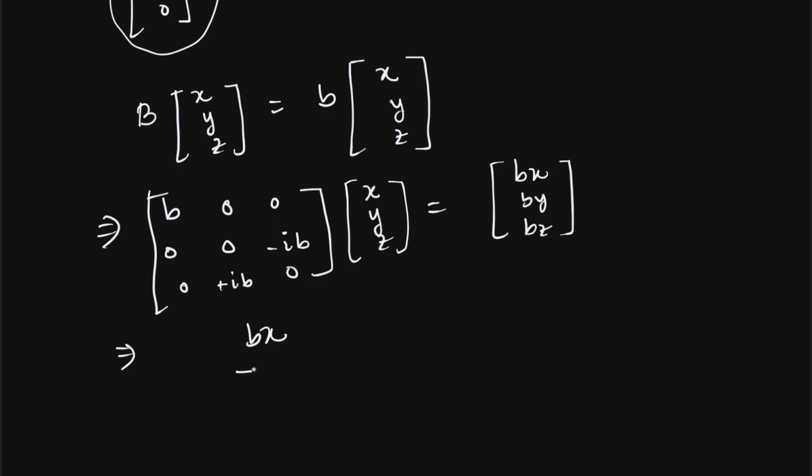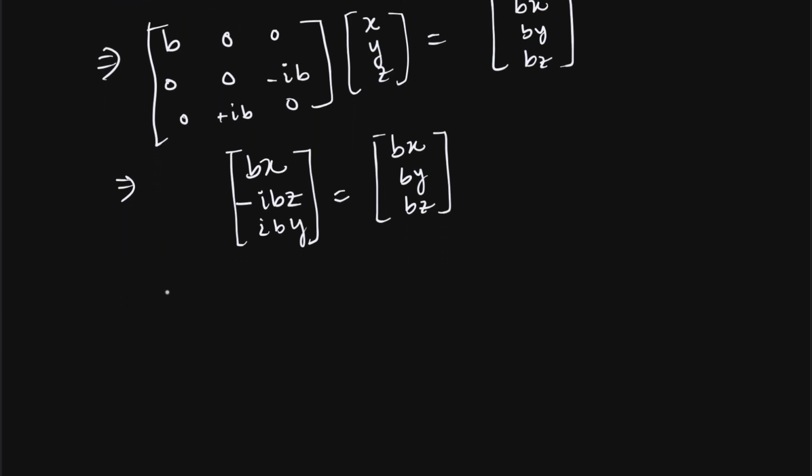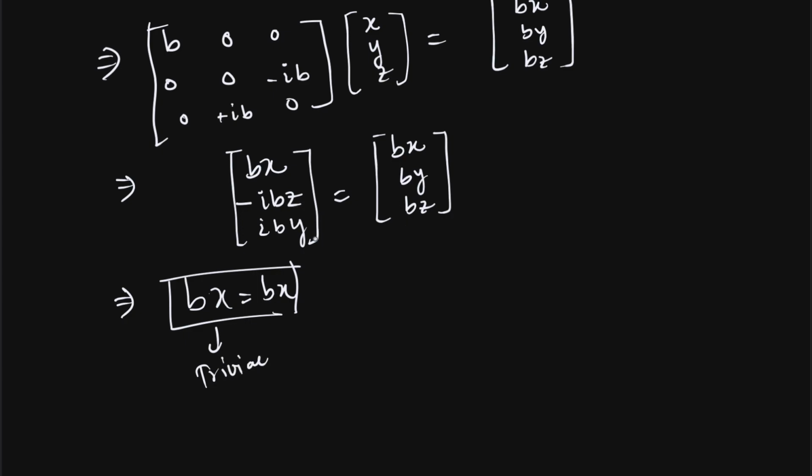That means the components are bx, minus ibz, and iby, equal to bx, by, bz. From these equations, bx equal to bx, which is trivial and true, and from the other two elements, minus ibz equal to by and iby equal to bz.